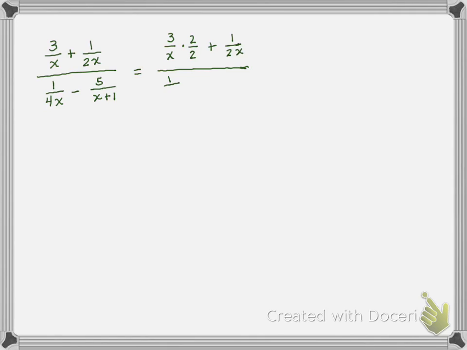So let's take it one term at a time. I have 1 over 4x, which I'm going to multiply by x plus 1 over x plus 1. Good. And then 5 over x plus 1. What do I need there? So 4x over 4x.